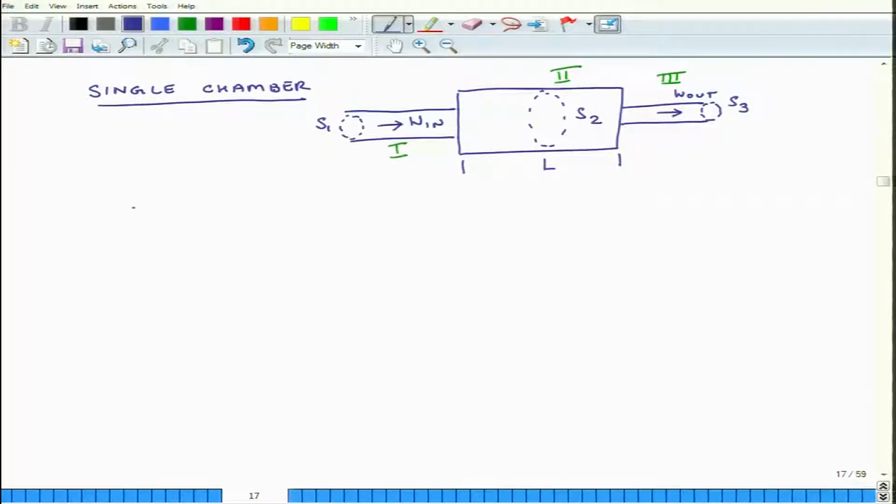So, we define two parameters. The first parameter is S3 over S1.